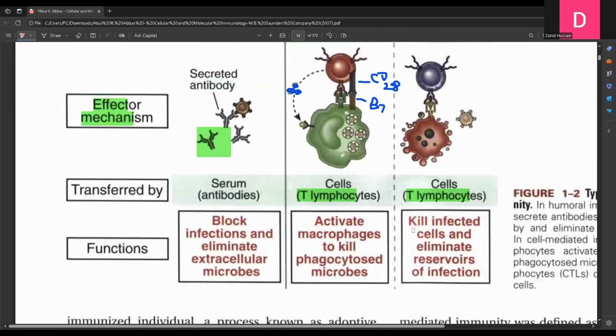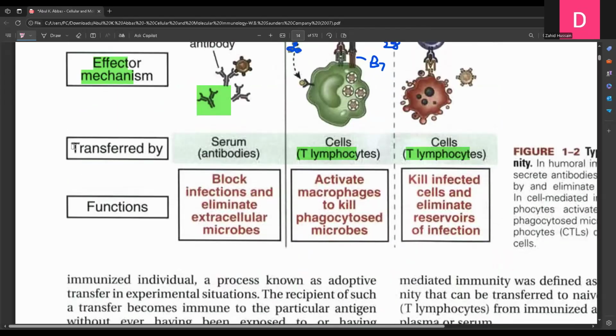Humoral immunity is transferred through serum antibodies, and cell-mediated immunity is transferred through T lymphocytes. The functions of humoral immunity are that it will block infections and eliminate extracellular microbes.